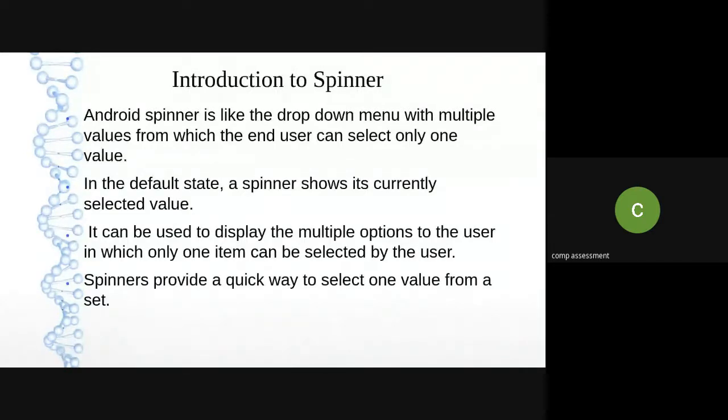If I'm selecting Maharashtra, at that time all the villages and cities in that state, automatically it will give me a list of them. So that will be like your drop down list. That is one of the applications where you can use these spinners also. So a spinner provides a quick way to select one value from a given set of values.